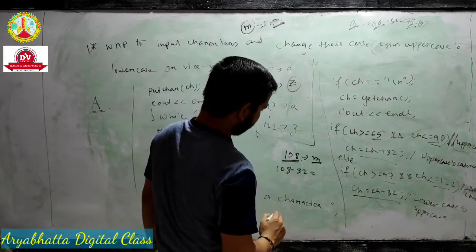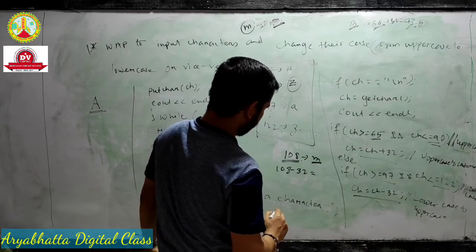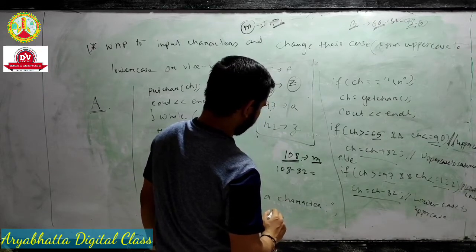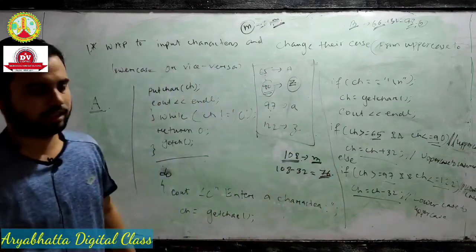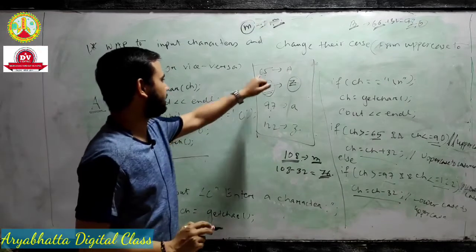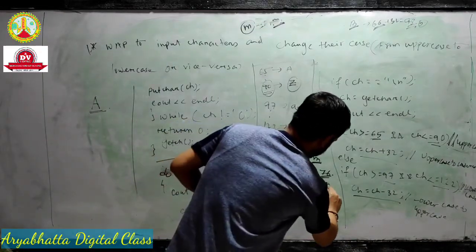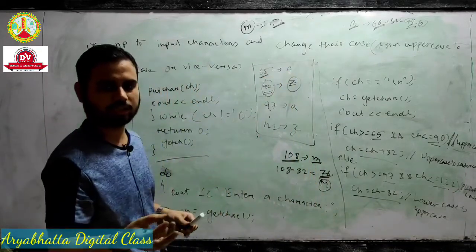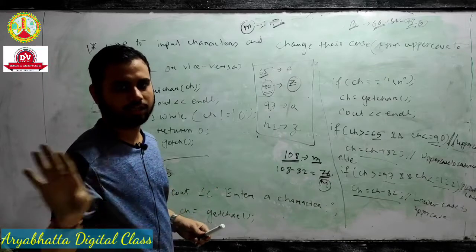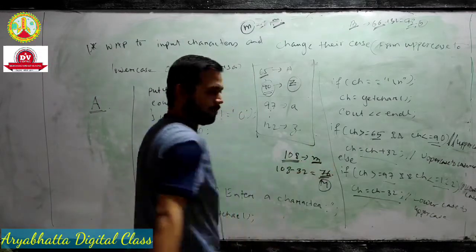Your value will be 76, and 76 is capital M. You just see from the beginning 65, 66, 67 up to 90, like A, B, C, D, and find that 76 is capital M.